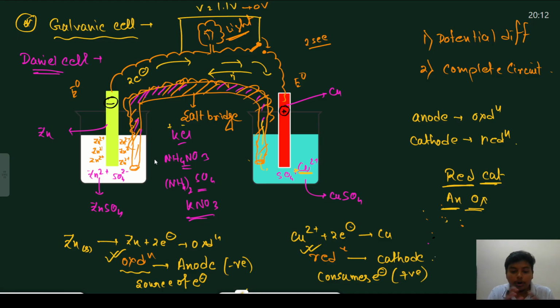Understood? So again potential difference will form. And why are we using agar-agar gel? Because sometimes SO4 or CO2 will go inside and come to this side. So to prevent the electrolyte going from one side to another side, we use agar-agar gel. Understood this thing? Yes or no?